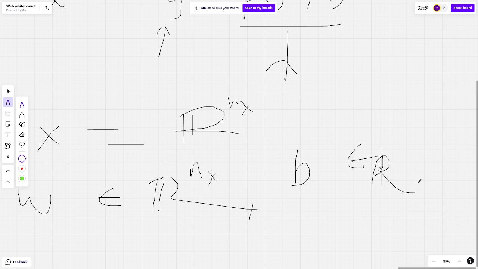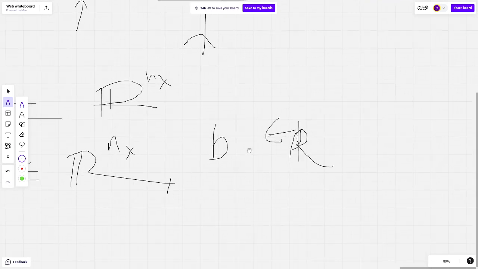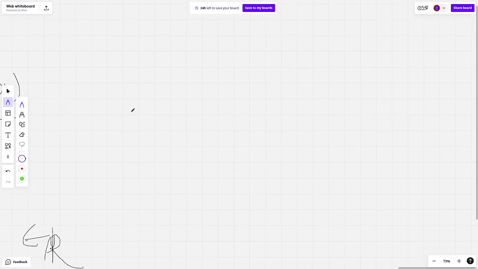So given input X and parameters W and B, how do we generate the output y hat? That's the question. Then we get the basic intuition that this might be the equation we're looking for, just as we mentioned before.